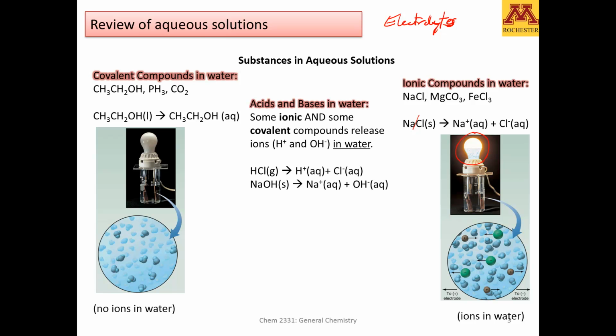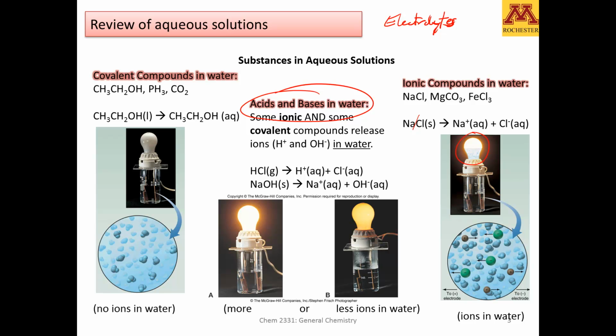However, as is typically the case in chemistry, there is an exception, and one of the exceptions is acids and bases in water. An acid or a base in water, typically they are covalent, but some of them are also ionic, will release either H+, what we call protons, or hydroxides in water.